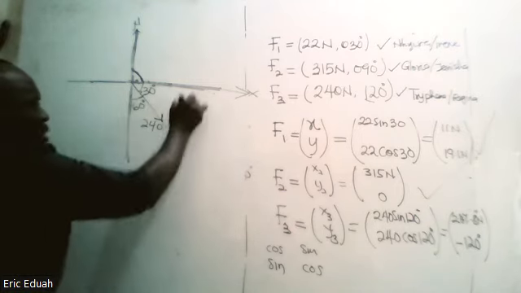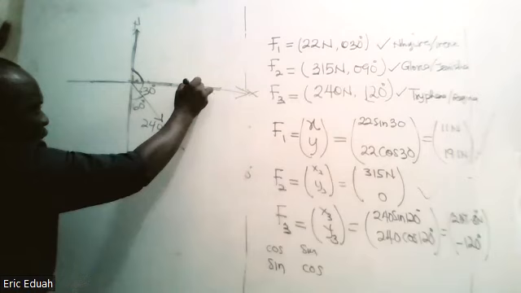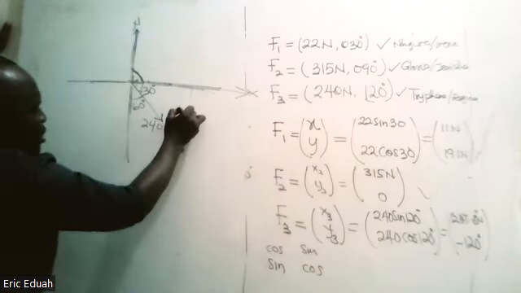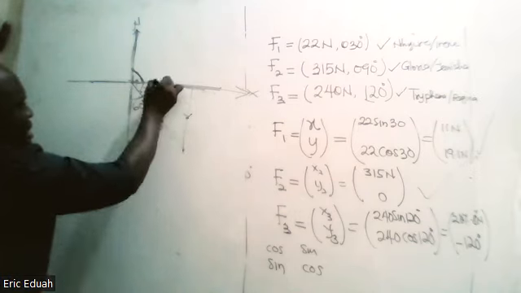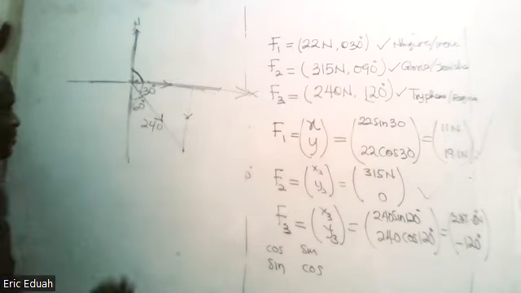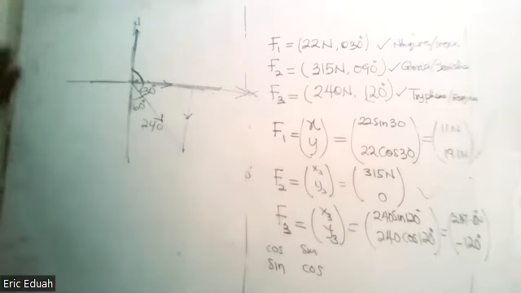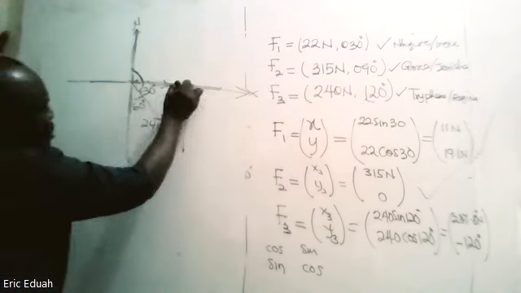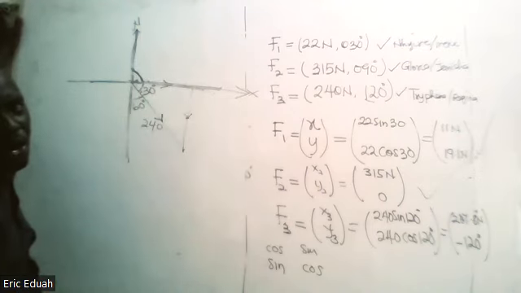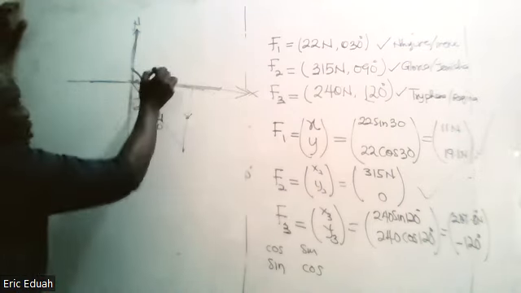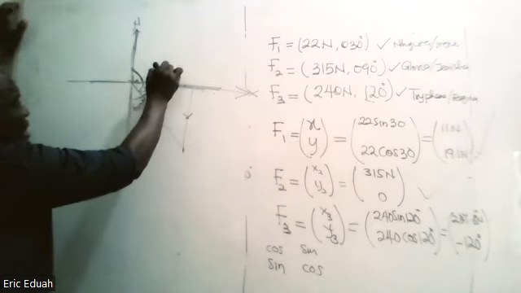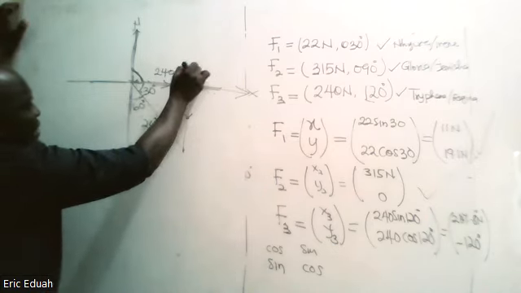So let's resolve this force into the vertical and the horizontal. The vertical is this, the horizontal is this. The horizontal component becomes, since this is the horizontal, cosine will be appropriate. So 240 cos of 30.